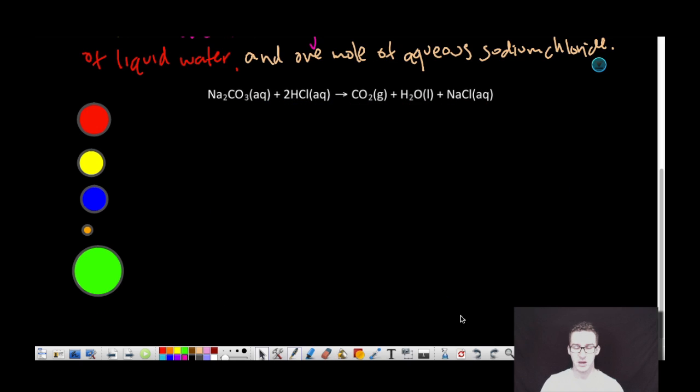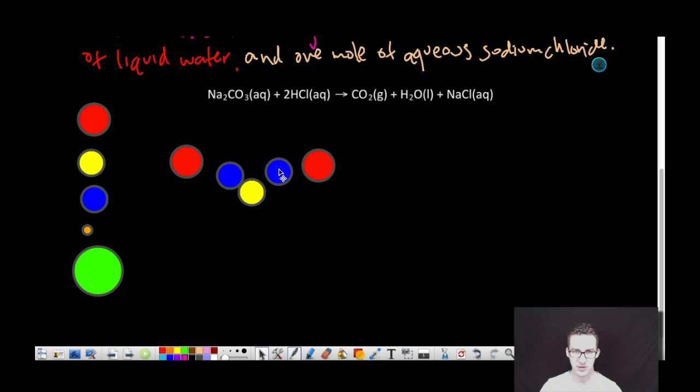Boom. Number 1 done. Okay, so we're going to use these particles over on the left-hand side to make a general representation in particle format of what's going on in this chemical reaction. We'll use the red ones here for our sodium ions, this yellow one for our carbon, and these blue ones for our oxygen. And because this is an aqueous solution, I might remember to put them as their individual ions dissociated in solution.